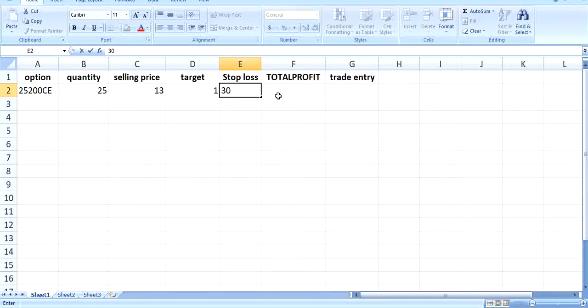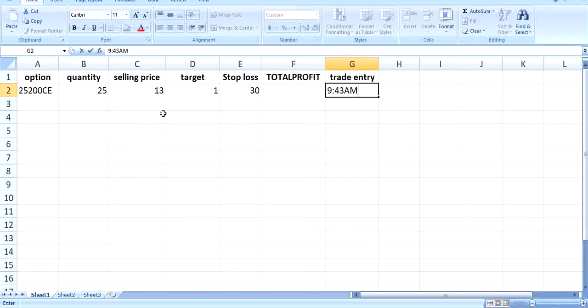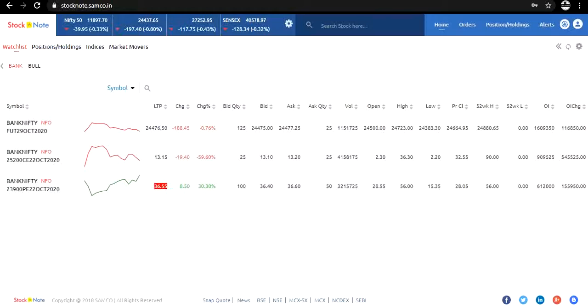Okay traders, we are now entering the trade at 9:43 am. Let me show you that the time is currently 9:43 am. We have placed a limit order with a selling price of 13.